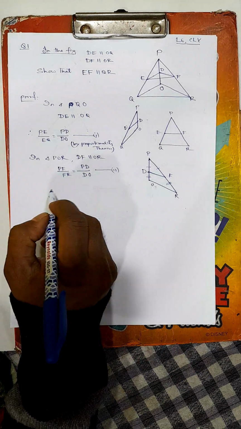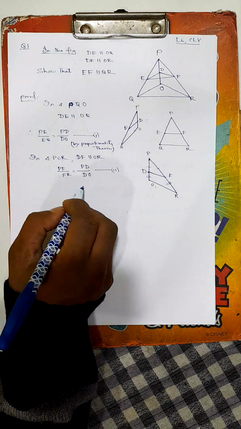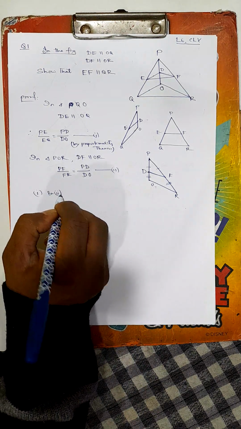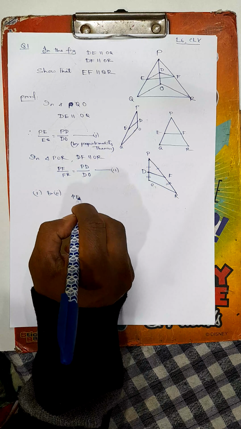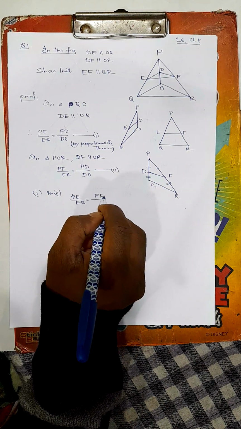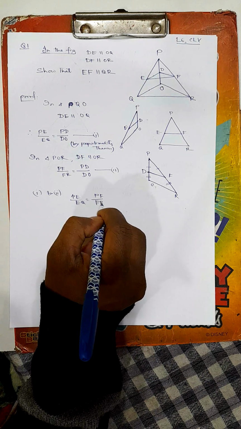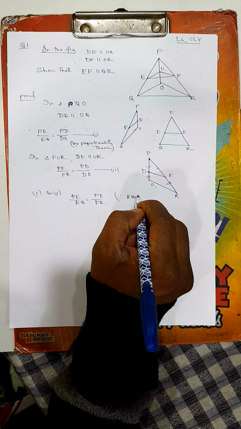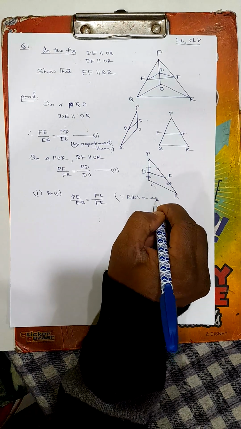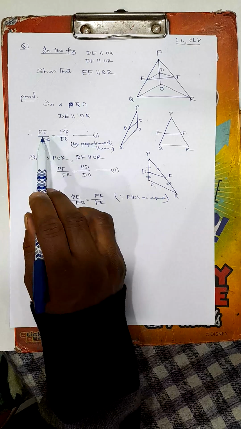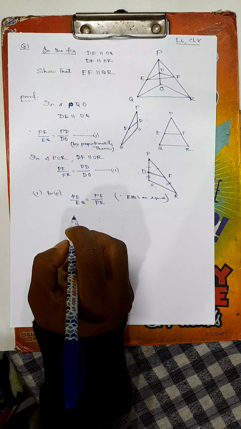Now from 1 and 2 you see right hand sides are same, so left hand sides must be equal.